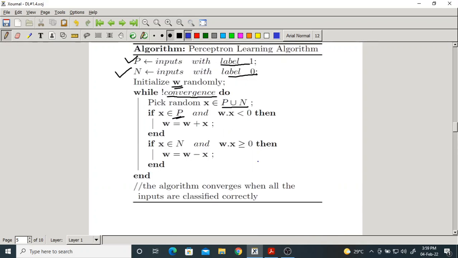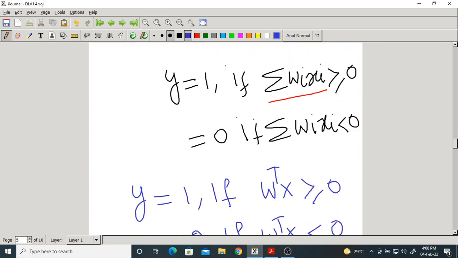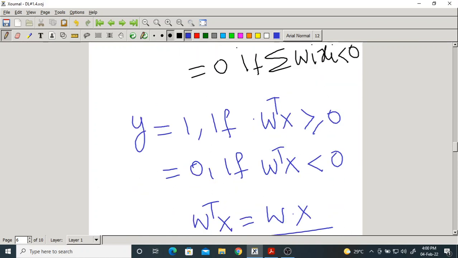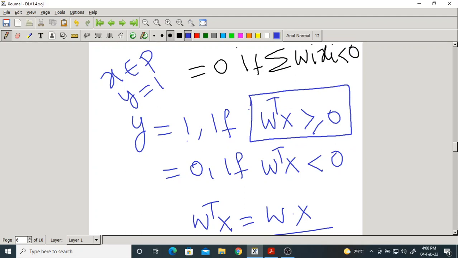Now what I am doing is, X belongs to P and W dot X is less than 0, which means we are making an error. If X belongs to P, positive means Y should be equal to 1. If Y equal to 1, this should be greater than 0.